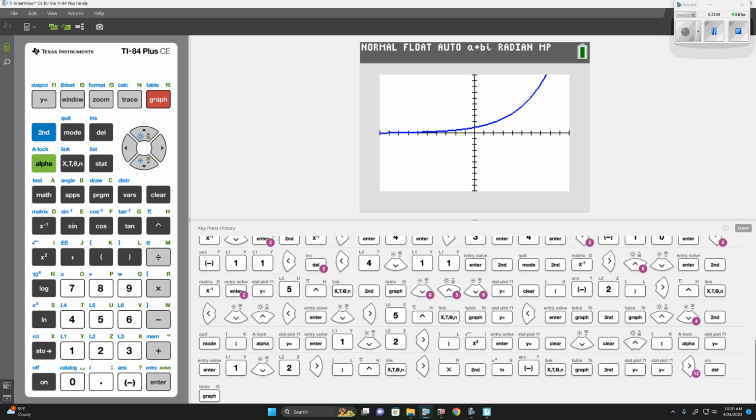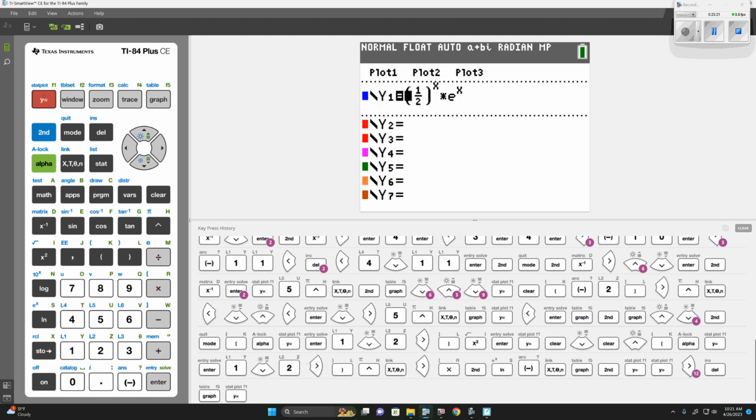So this here is growth. Because even though 1/2 is a decay function, e to the x is a growth, they're opposites, it works out that the growth of e to the x is bigger than what the 1/2 is decaying at, so it takes over.